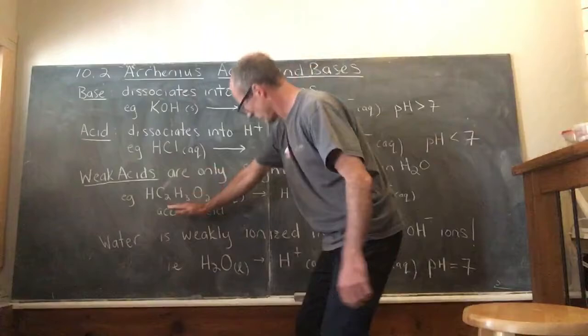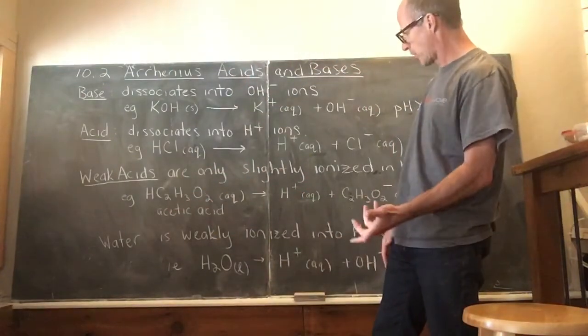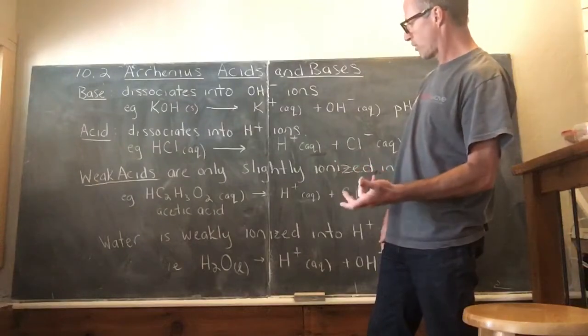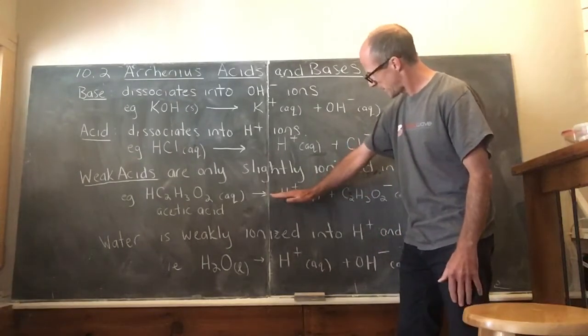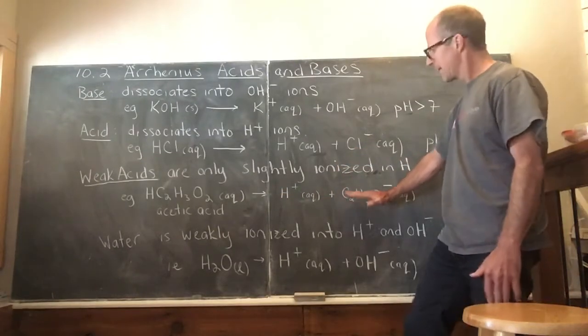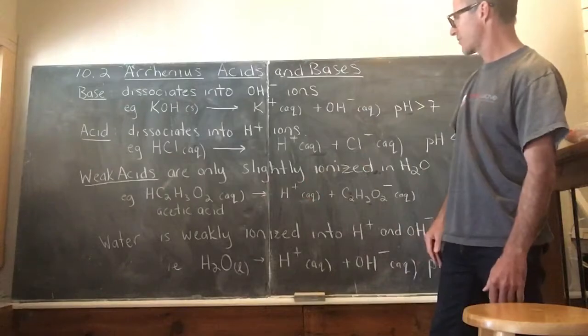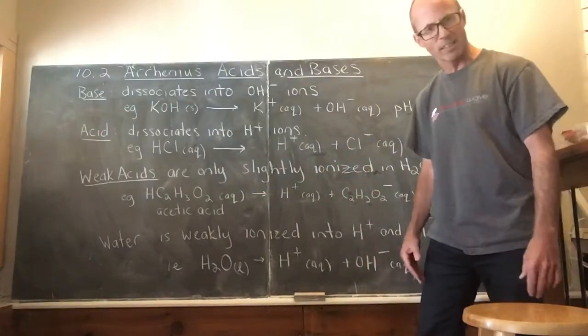So, acetic acid, on the other hand, a weak acid in vinegar, HC2H3O2, ionizes very slightly into H plus ions and acetate ions. This is a weak acid because there's only a little bit of the H plus present in that acid.